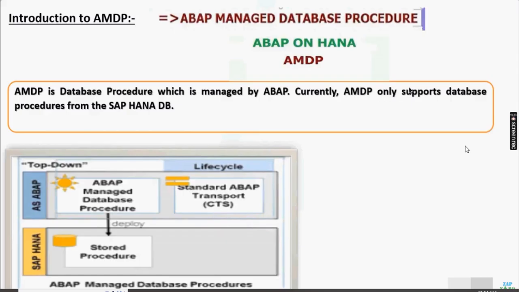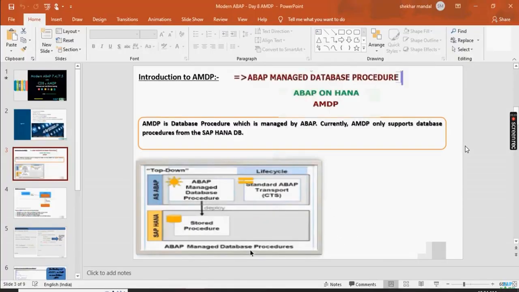Because of this, SAP says that AMDP is database dependent as of now. Got my point? AMDP is database dependent as of now. So again, to put it simply, AMDP is a database procedure which is managed by ABAP, and it only supports database procedures from the SAP HANA database as of now.